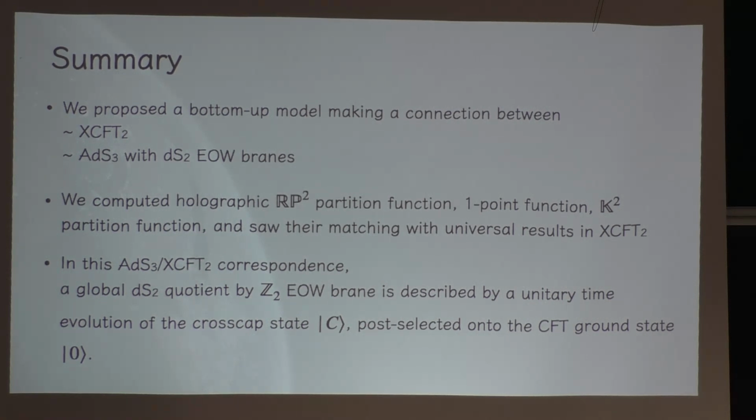So in this correspondence, the global dS2 quotient by Z2 and its Lorentzian version is described by unitary time evolution of the Crosscap state in the CFT, and then using the ground state to post-select that Crosscap state, you can get whatever you compute using this replica pattern.